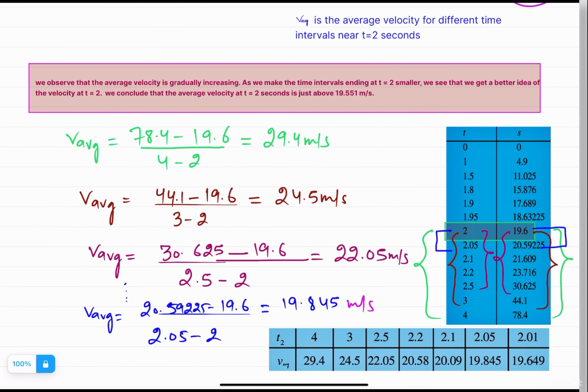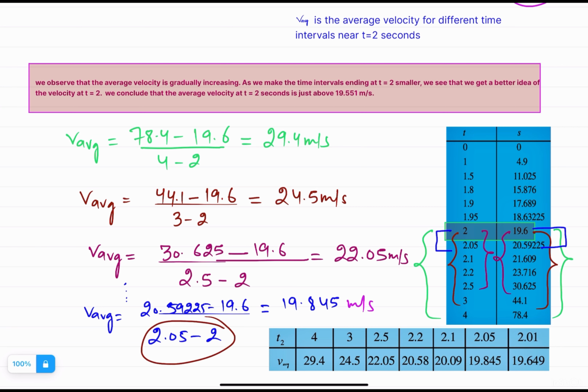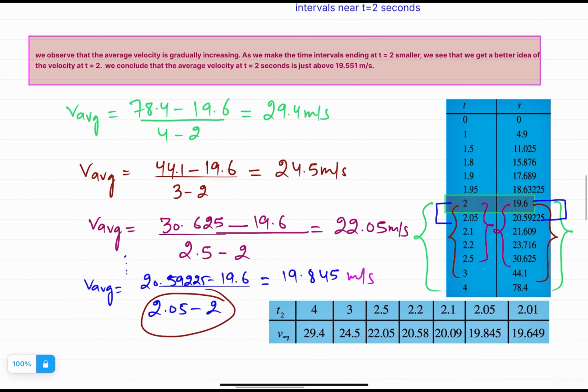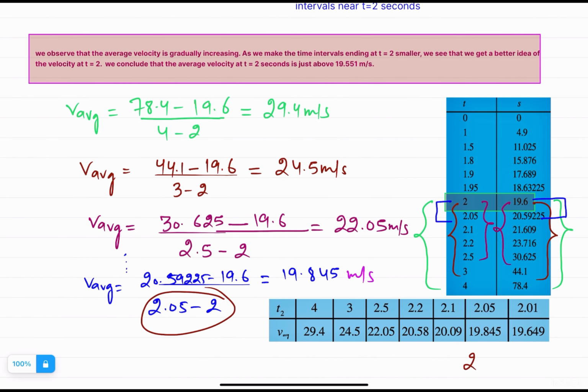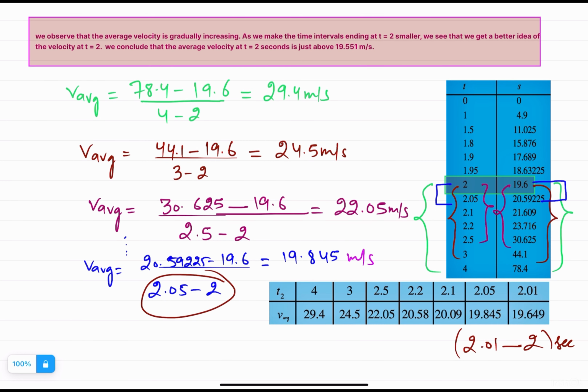Now instead of taking the time interval 2.05 and 2 seconds, that is this, we will come even closer to the time interval 2 seconds. That means this time we will take the interval 2.01 and 2 seconds. For this, if you compute average velocity, that will be equal to 19.649 meters per second.